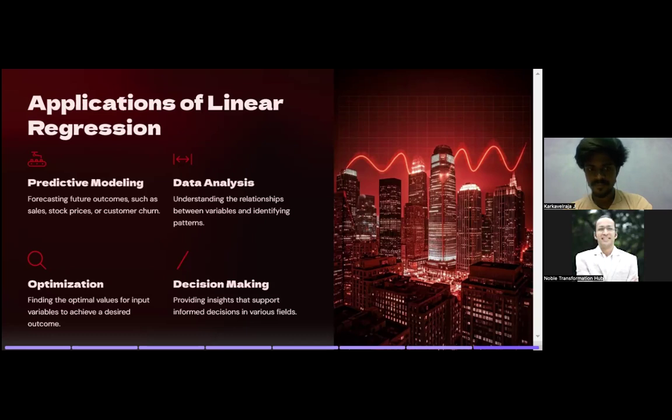Sales is continuous by nature. You need to understand problems by nature, then you will be able to understand why we are using linear regression in sales, stock market, because that's again a continuous problem. Customer churn and stuff, that's a continuous thing, because they want products and all, right? Data analysis, understanding relationship between variables and underlying patterns.